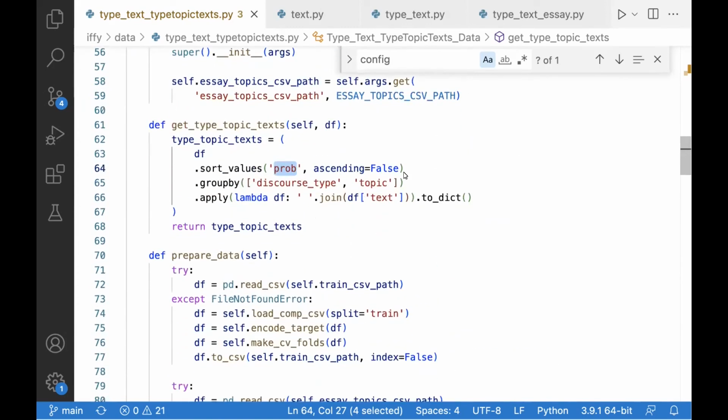For each group you will have a number of discourse texts, and if you don't want to use all of them in your model input, then you use the most probable texts belonging to each topic. That's how I have been using the topics information. I haven't simply inserted the topic strings into the model input.